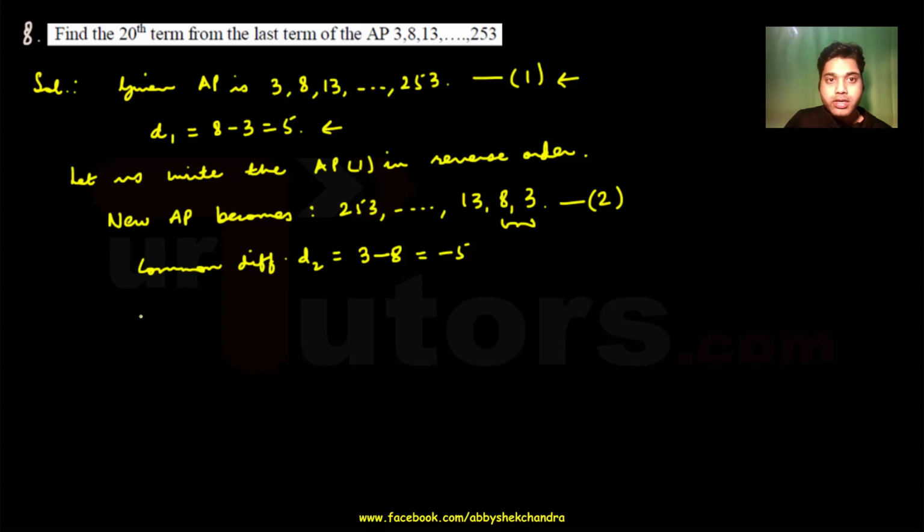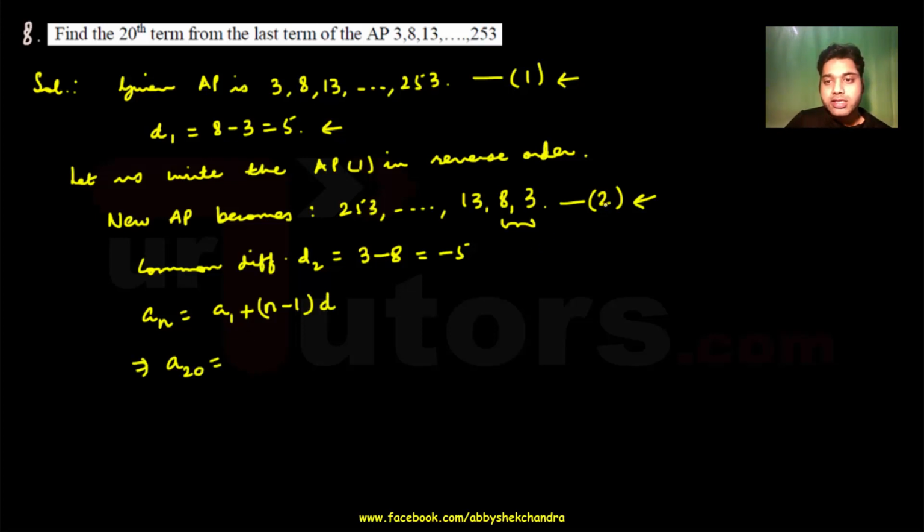Now see, we need to find the 20th term from the start of this AP, right? So A20. AN is A1 plus N minus 1 into D, right? So using this, A20 will be what?